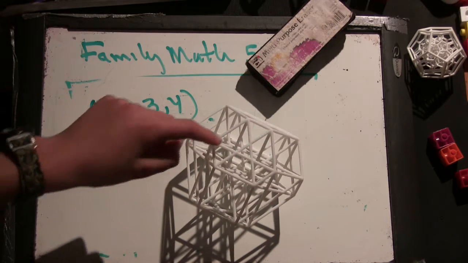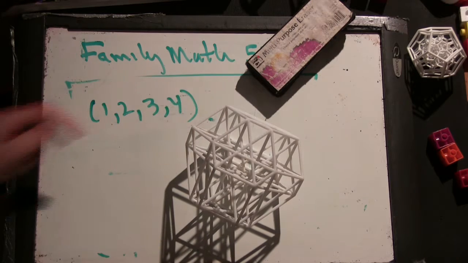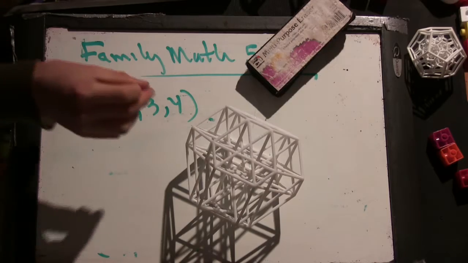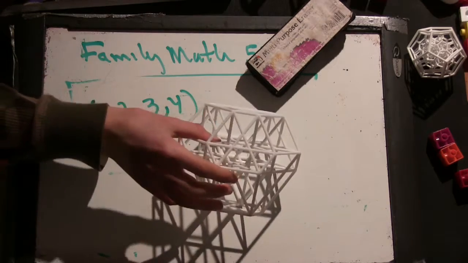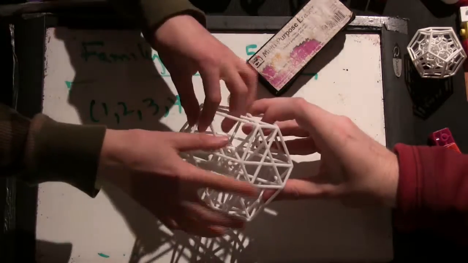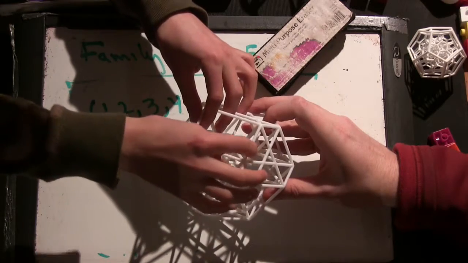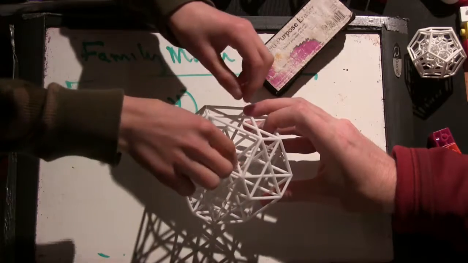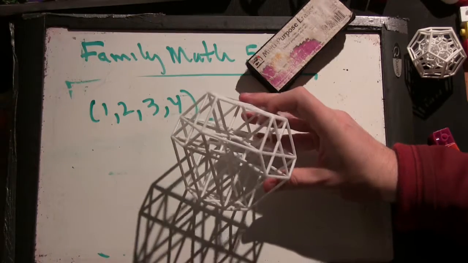Okay, how many do you count? Well, I see 6 because there's the 5 on the outside, 1, 2, 3, 4, 5 here. And then there's the 1 going in. 6. See that one there?